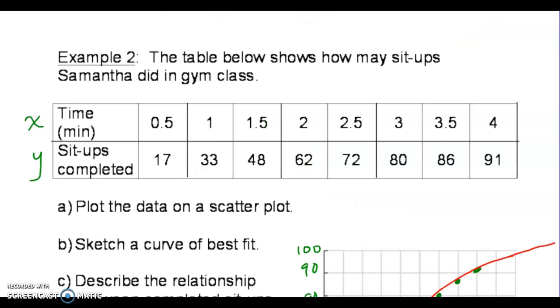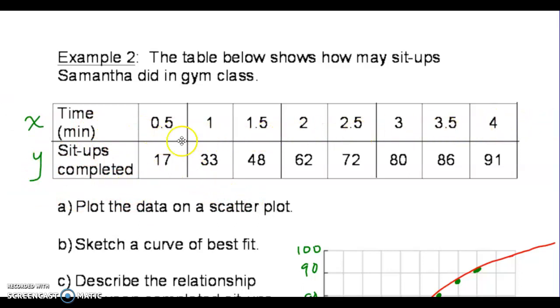Example 2. I want you to take this information in this table and plot the data on a scatter plot. So recall what I said, my first column is always going to be X, my second one is always going to be Y. Okay, whether we run horizontally or vertically, it doesn't make a difference. So X will be time in minutes, Y will be number of sit-ups completed. So I know that for my X-axis, I have to plot all these points here.